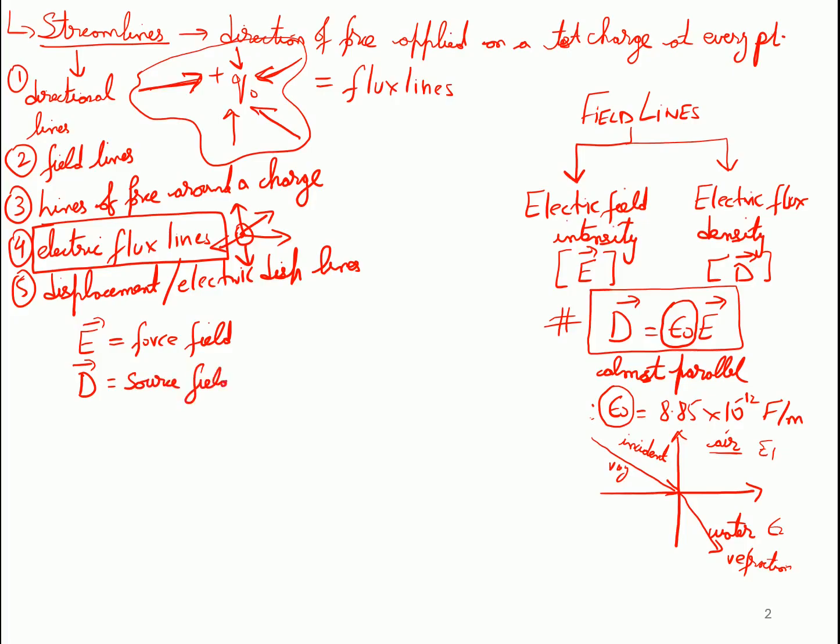This is the easiest way to understand them, which means that E is going to tell us how much force a charge will experience or will feel. On the other hand, electric flux density basically tells us how much charge is producing the field.